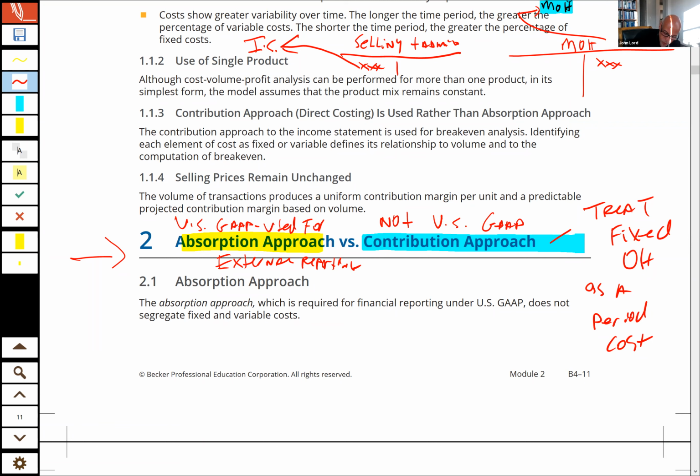It is used for internal purposes. And we use it for internal purposes because it is good for decision making. I'm just gonna say good for decisions.